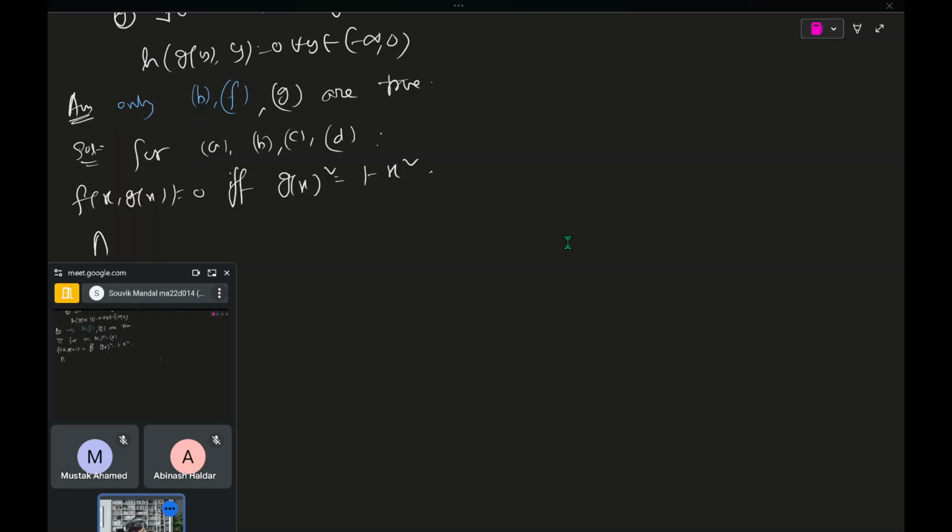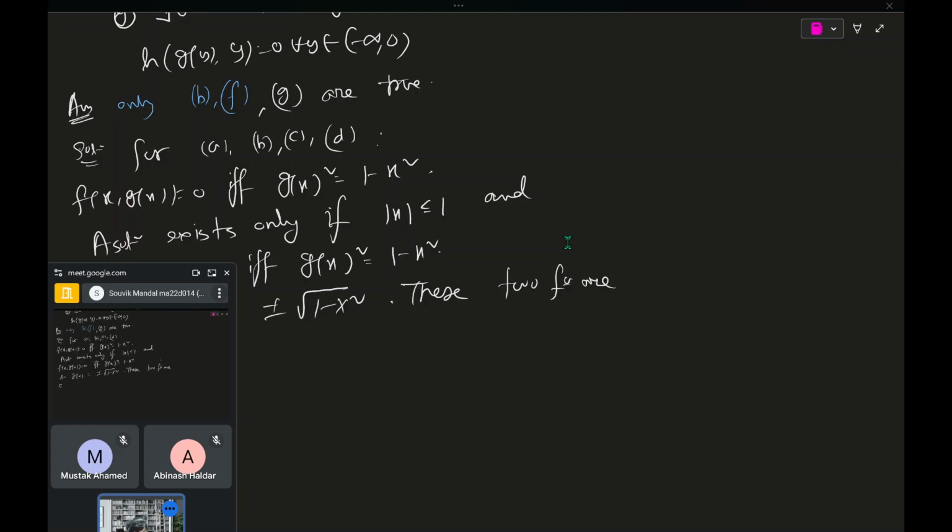And this tells that there are two solutions, g(x) equals plus or minus root over 1 minus x square, and these two functions are C1 only on minus 1 to 1.